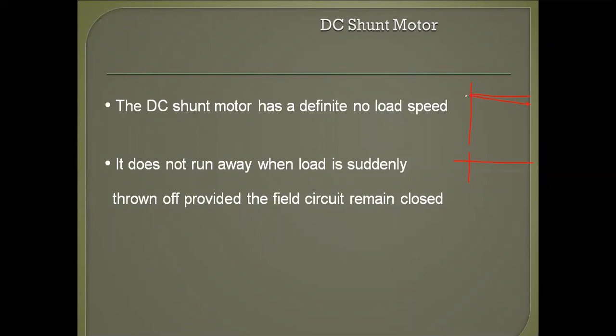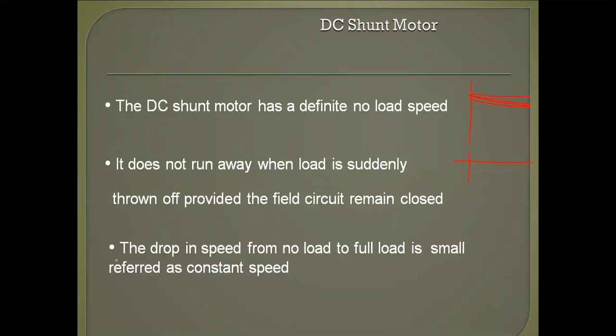When it is no load or full load, it almost maintains constant speed. That's why it does not run away when the load is suddenly thrown off and the field circuit remains closed. The drop in speed from no load to full load is small, referred to as constant speed.